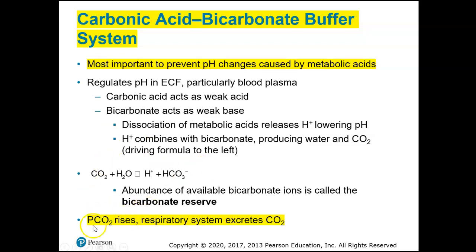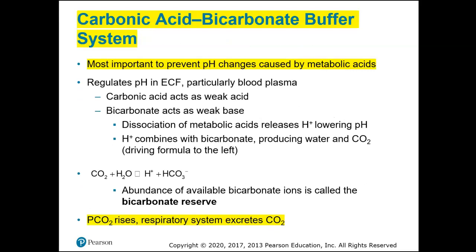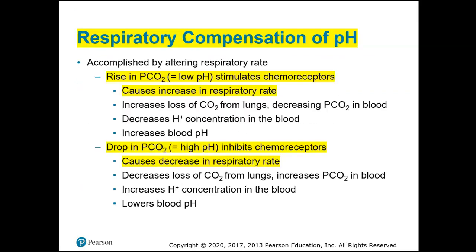So what happens is the carbon dioxide levels rise, and the respiratory system will compensate by excreting more carbon dioxide. You will basically hyperventilate to get rid of the excess carbon dioxide.